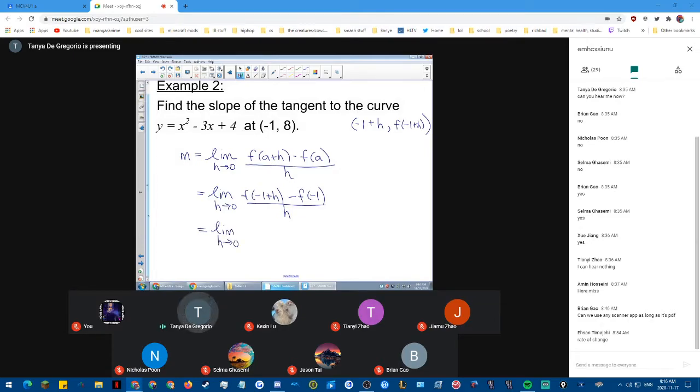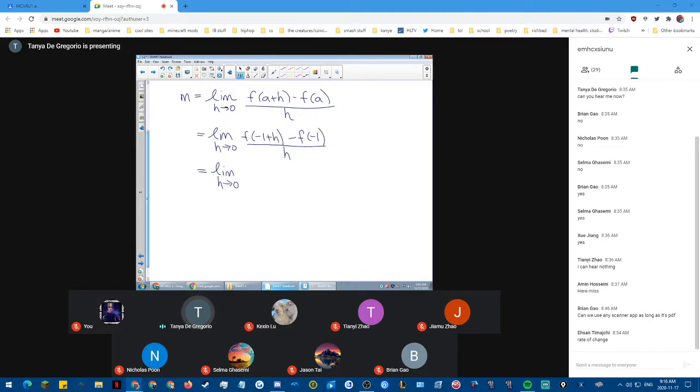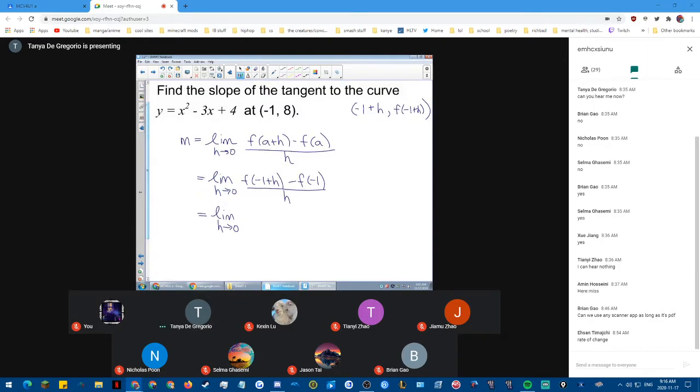Okay, so f at -1 plus h. So what do I need to do to find f at -1 plus h? Yeah, sub it into your equation. They're giving us an x value for your function f at x. Well, isn't y the same thing as f at x? It is.